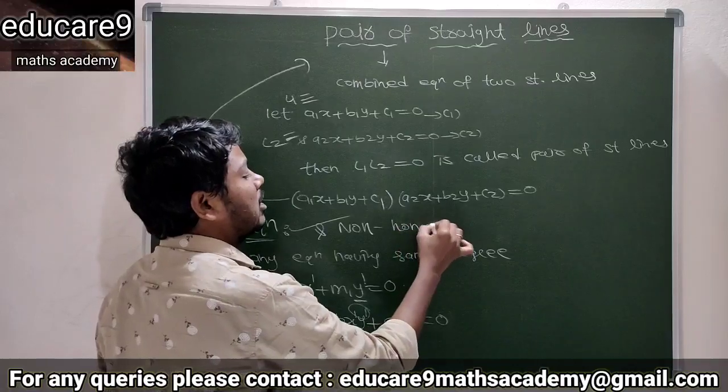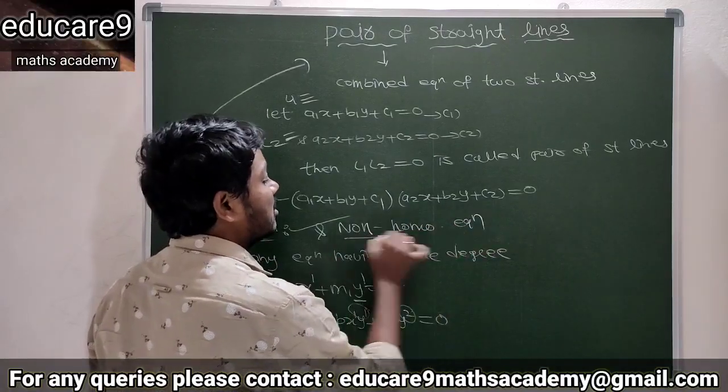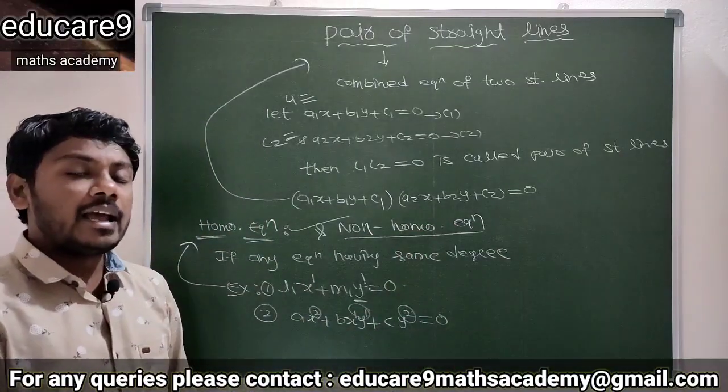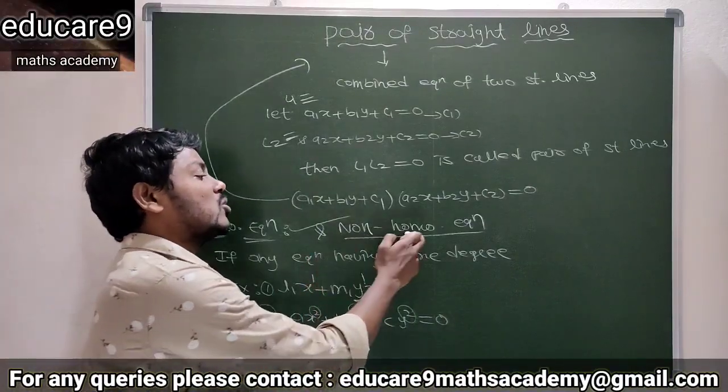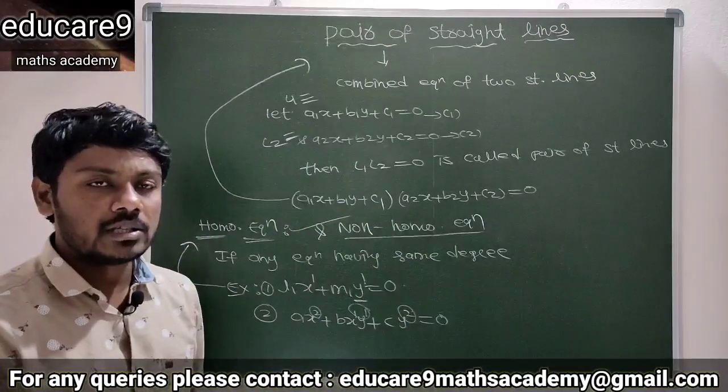And non-homogeneous equation. What is meant by a non-homogeneous equation? If any equation does not have the same degree, then it is called a non-homogeneous equation.